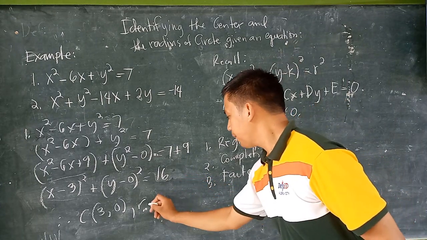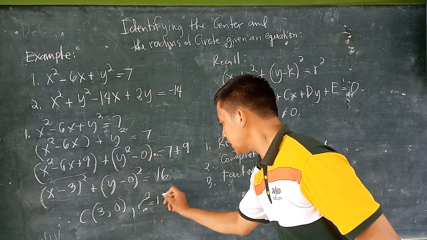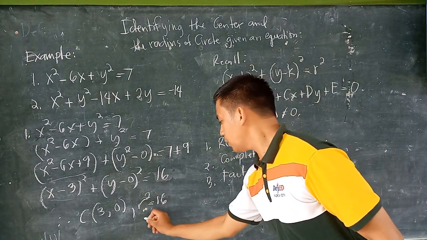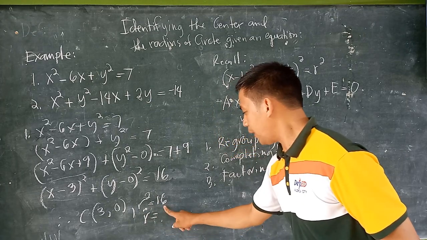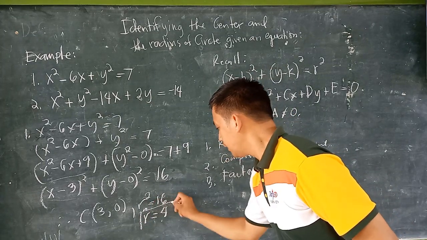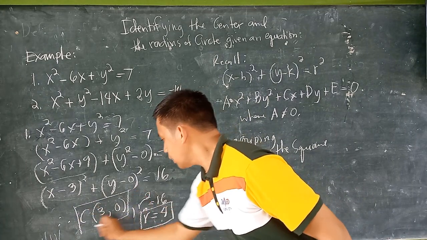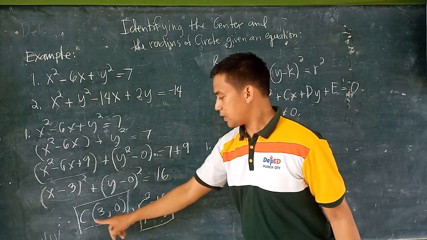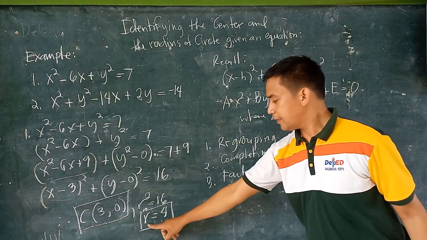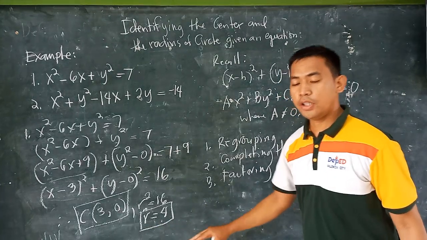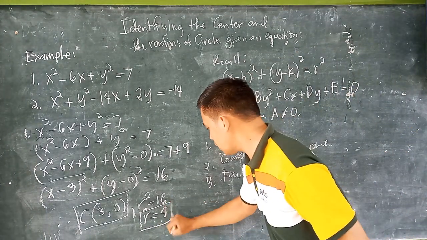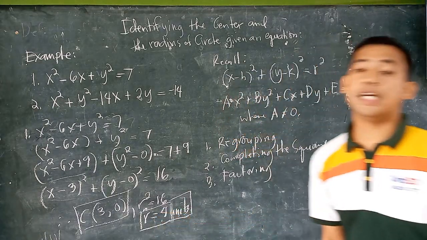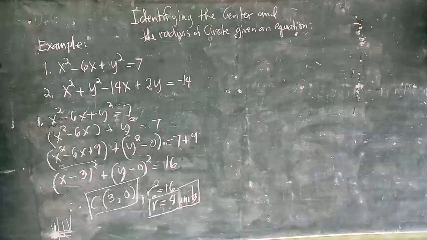So the radius is r equals the square root of 16, which is 4. Therefore, the center of the circle given this equation is (3, 0), and the radius is 4 units. You can write it as 4 units since this is distance and it is an absolute value.